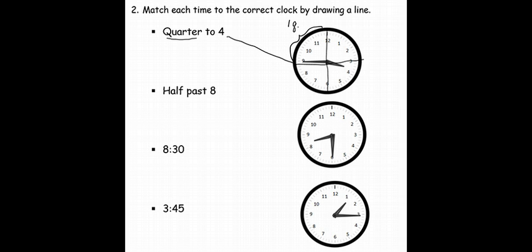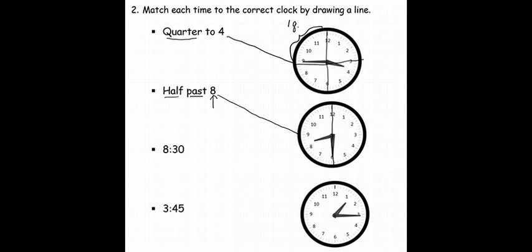The next description is 8:30. So we know that our time is going to be after 8 because of the word past. And our minute hand is going to be halfway around the circle. If I look at this clock, the hour hand is past the 8. And if I divide my circle in half, the minute hand is halfway around the circle. So this clock is showing us 8:30.